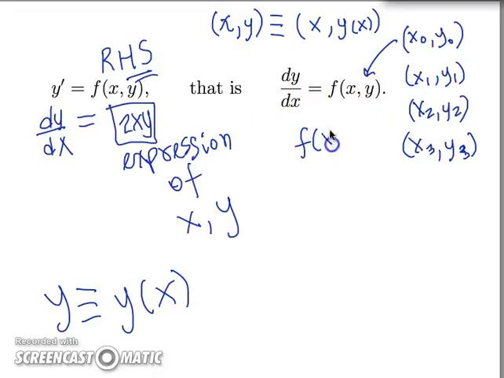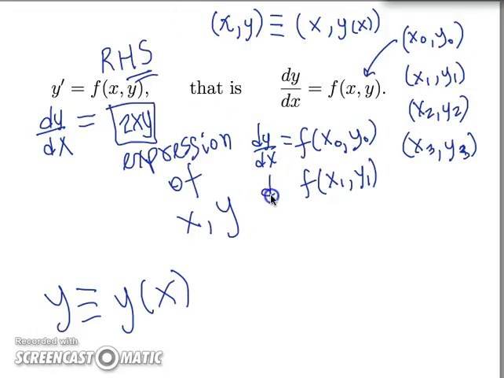So we evaluate f at x0, y0. We evaluate the right-hand side at x1, y1. And we want to connect that to the meaning of this, which is dy dx. And so when we're evaluating, we are obtaining information.